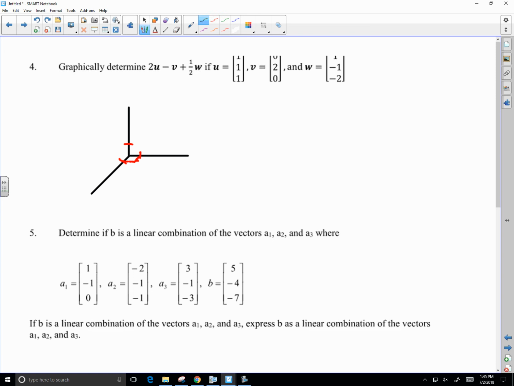All right, let me label this x, y, z. x1, x2, x3, x, y, z, it doesn't matter. Now we want to shoot up 1 unit. So estimate, you can use the side of your index card if you want. You could just ballpark it. Basically, I'm just taking this distance and using this vertex here and that same distance to come up with my coordinate.